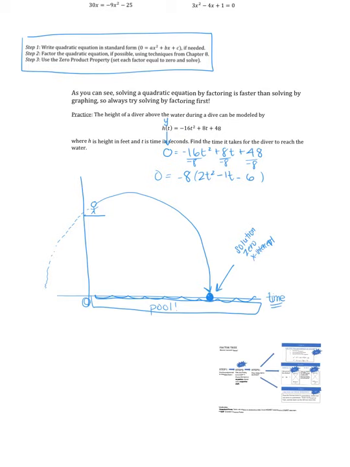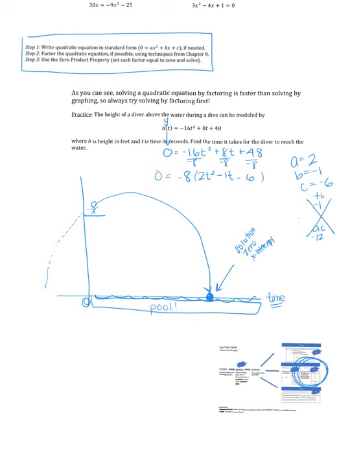Now I'm going to factor what is in the parenthesis. There are 3 terms, but the a is greater than 1. It is a 2 here. And so I'm going to have to use my long method of factoring. A is 2, b is negative 1, c is negative 6. I need 2 numbers that multiply to ac, or negative 12, and add to b, which is negative 1.